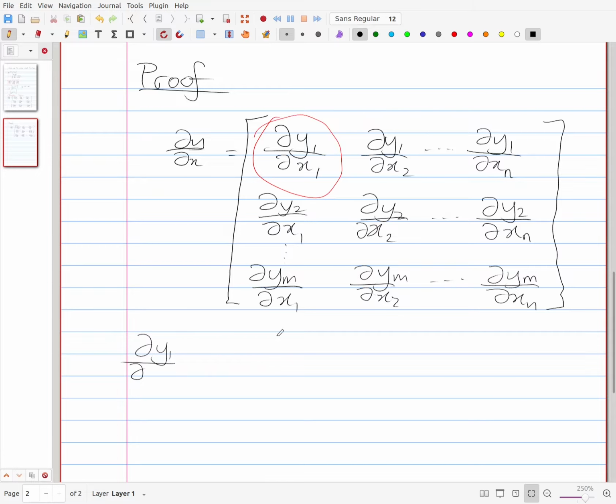So let's look at the partial of y1 with respect to x1. First, let me remind you that y is f of g of x. So in particular, when we're taking the partial of y1 with respect to x1, what we're really saying is we're taking the partial of this function f, or the first component of f, with respect to x1.